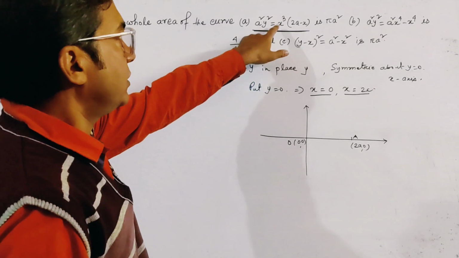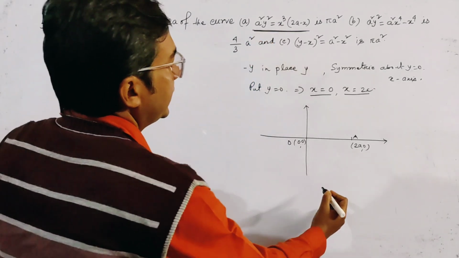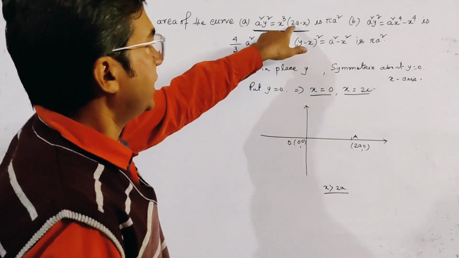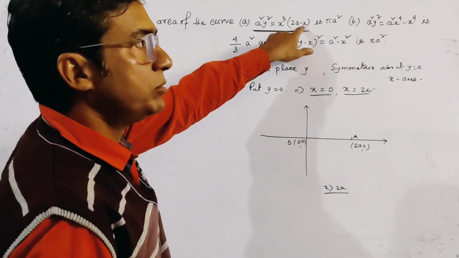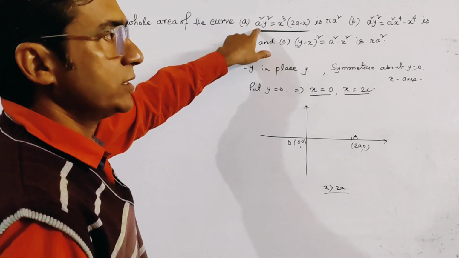If we put a value of x greater than 2a, then the right side is negative, but the left side is a perfect square.